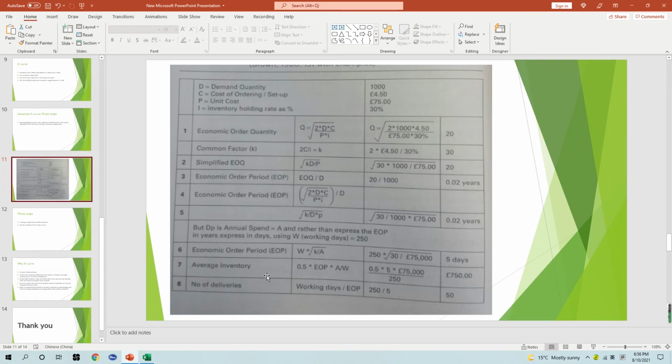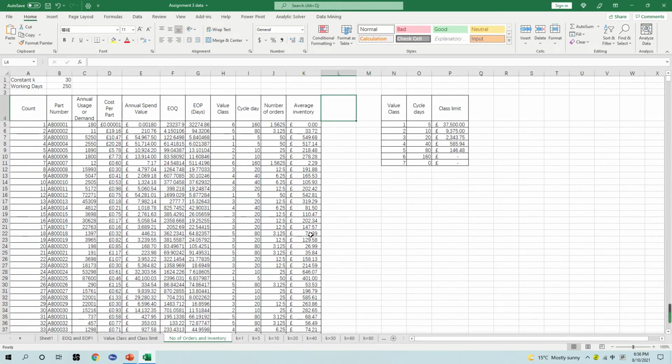It's just 0.5 times EOP times annual spend divided by total working days. So the formula will be just like this, just on top here, and then make sure to calculate every single column. Just copy and drag all the way down. That's for the number of orders.